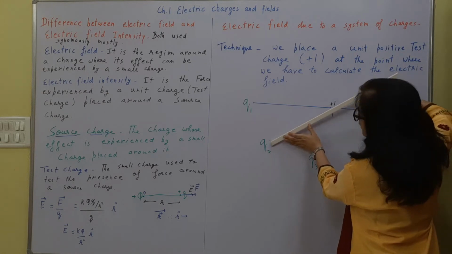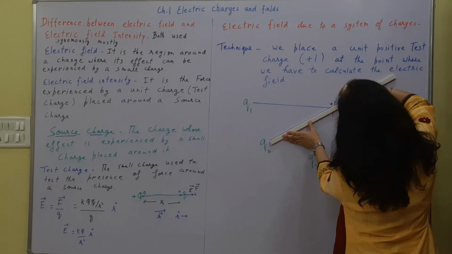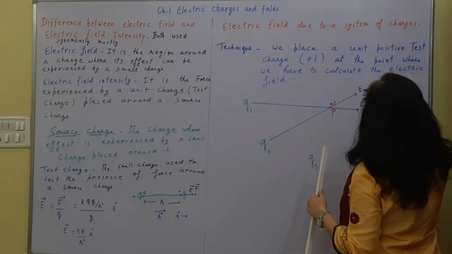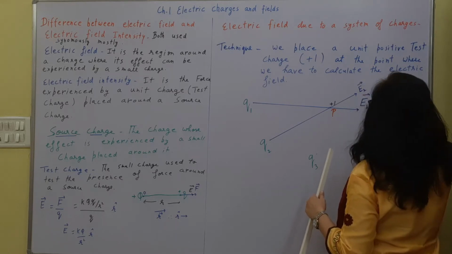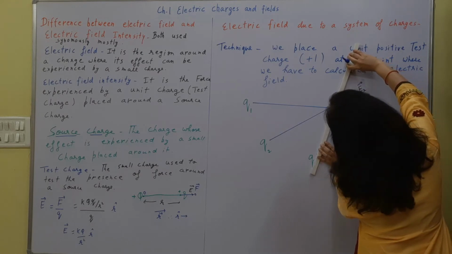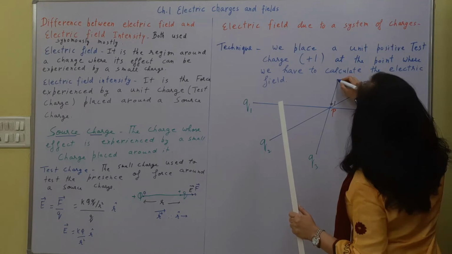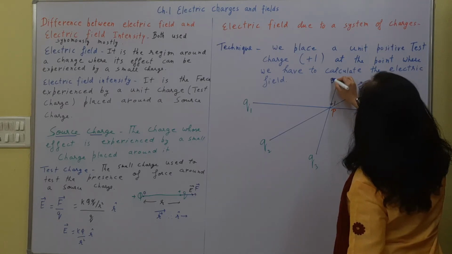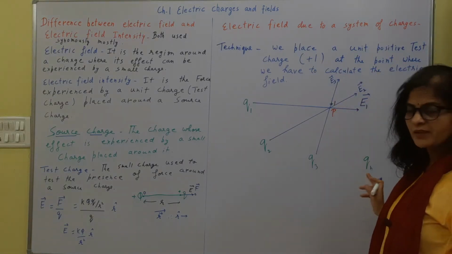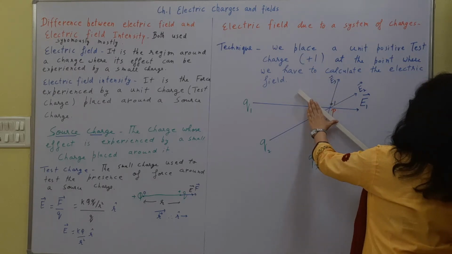Similarly, all these are considered positive charges. So the direction of the electric field due to the second charge will be this, right? And similarly, for the third charge, this will again be repulsive. So electric field direction will also be the same as force direction. And suppose this is your Qn charge.